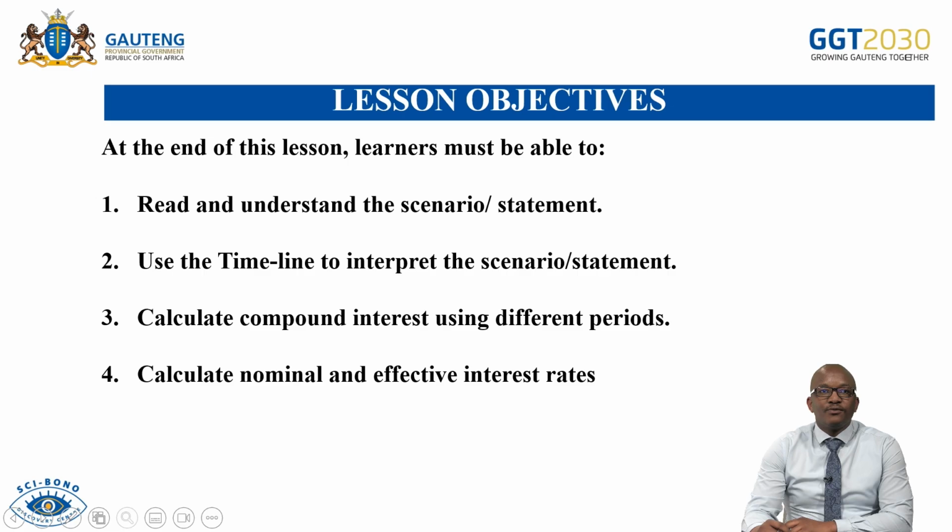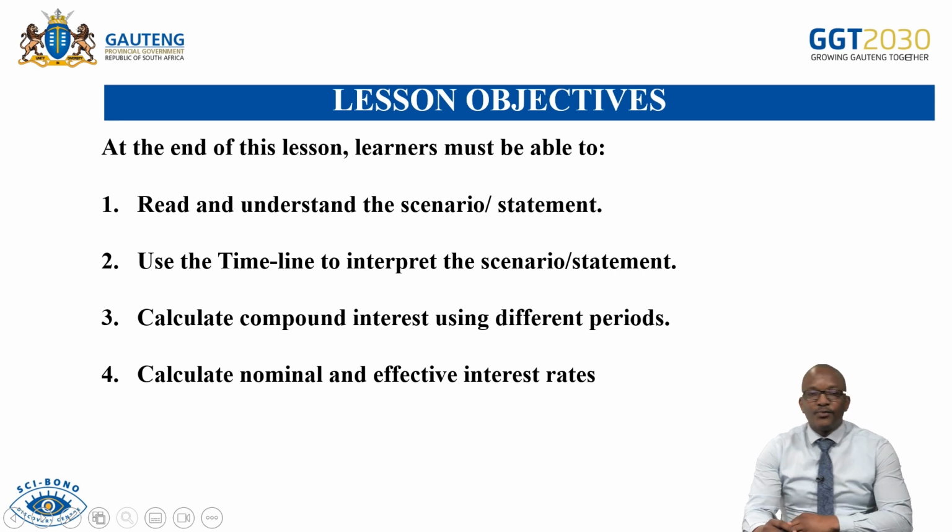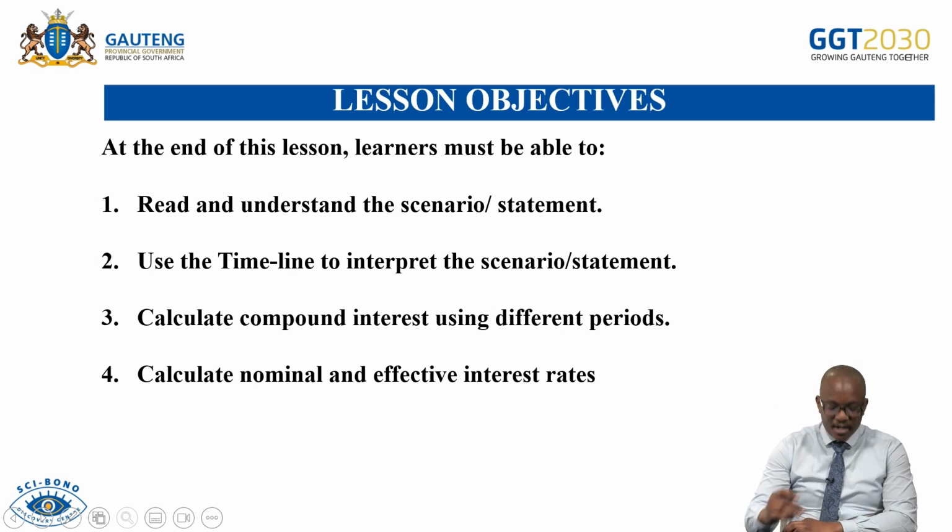The second one, you have to use the timeline to interpret the scenario or the statement and calculate compound interest using different periods, and also calculate the nominal and effective interest rates. So that's what we will be dealing with in today's lesson.